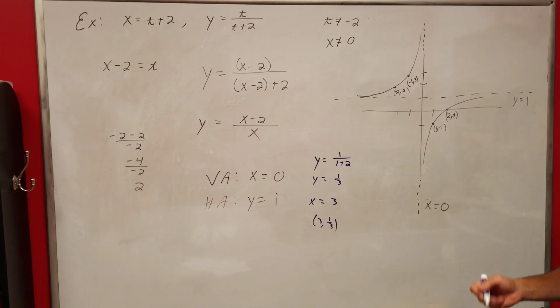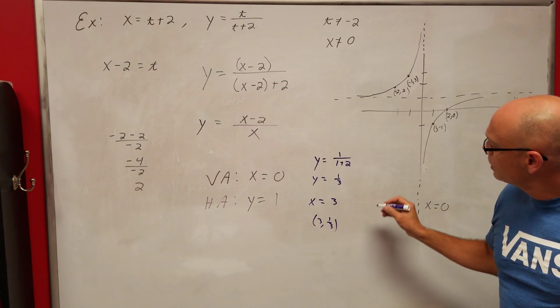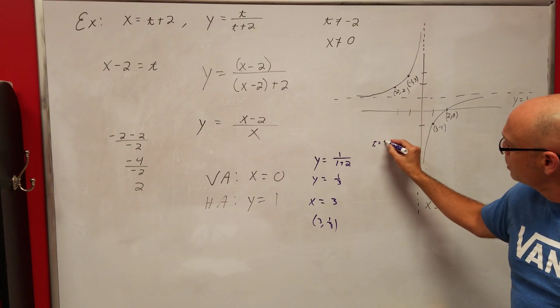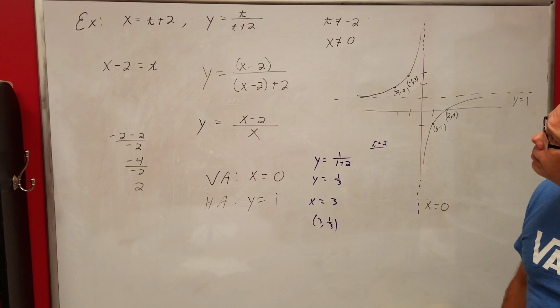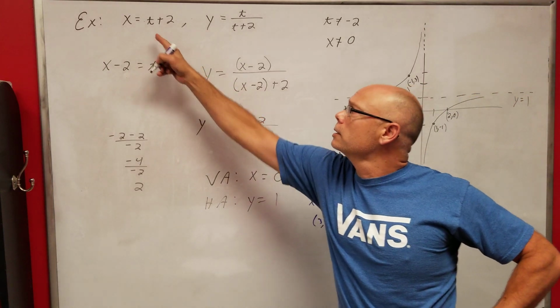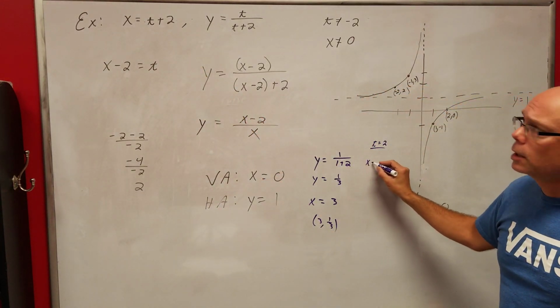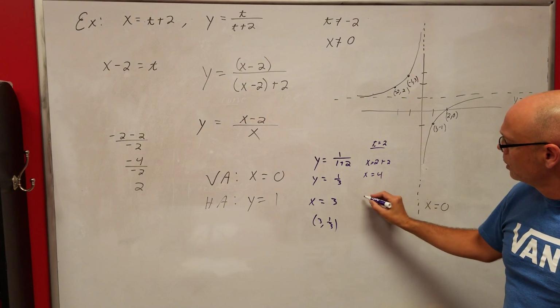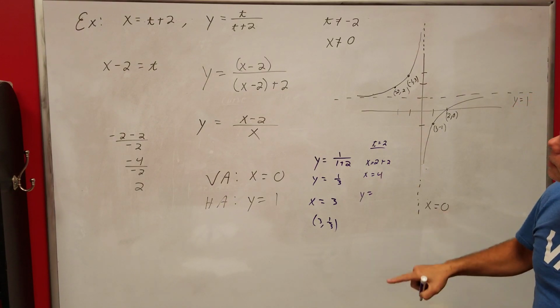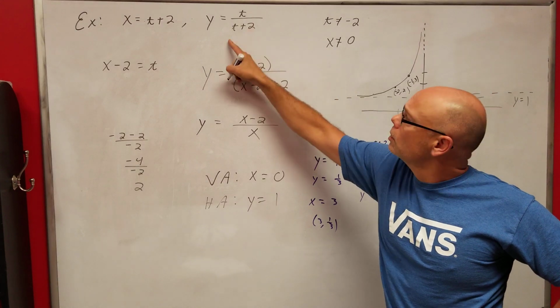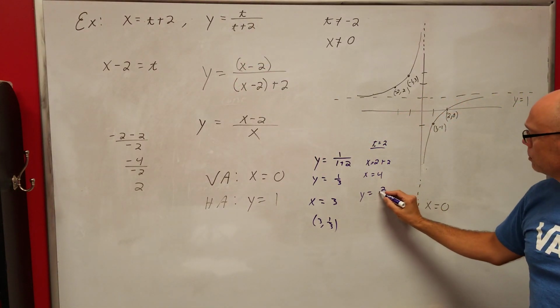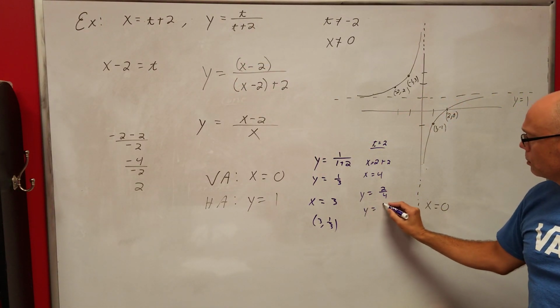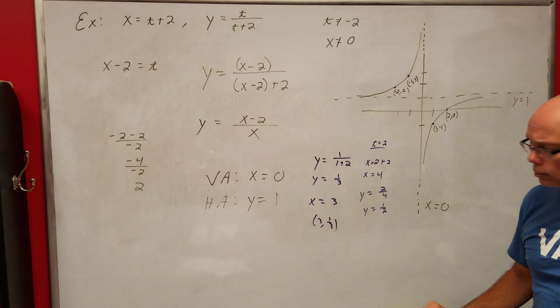Okay? Let's try a time value of, say, 2. When t is equal to 2, what do we get? Well, what do we get for x? X will be 2 plus 2, or x is equal to 4. And what will y be when t is 2? 2 over 2 plus 2, or y is equal to what? 1/2, right?